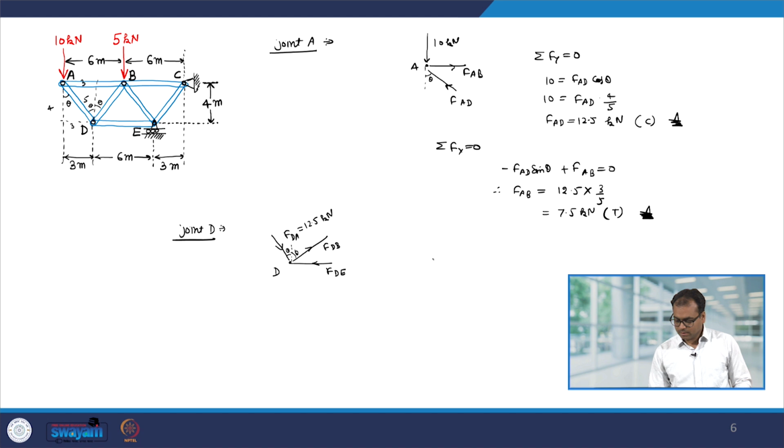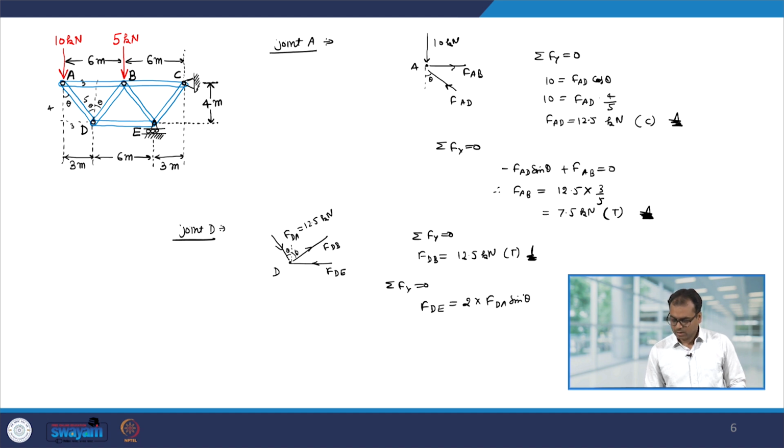So, let us balance the force along the y direction. So, summation Fy equal to 0, and from the symmetry you can see that FDB will also be 12.5 kilonewton and it is tensile. Now, let us balance the force along the x direction. So, you have FDE equal to 2 into FDA sin theta.